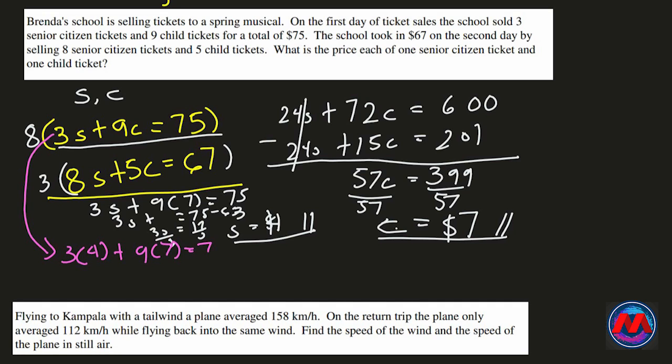C is 7 is equals to 75. Dapat mag-equal yan sa 75. 3 times 4 is 12. 9 times 7 is 63. 12 plus 63 is equals to 75. And tama nga, 75 is equals to 75. Ibig sabihin, tama yung sagot natin. So, yung solutions natin is 4 and 7. That's $4 and $7.